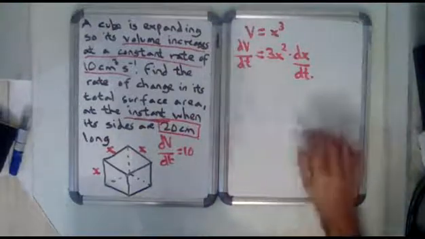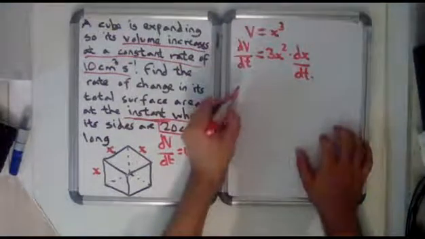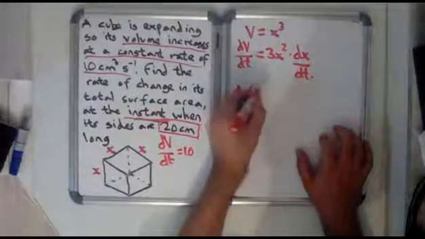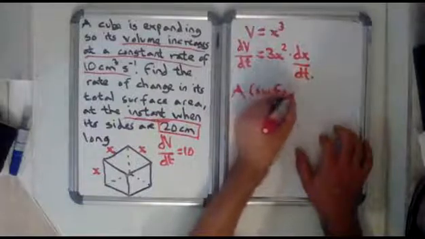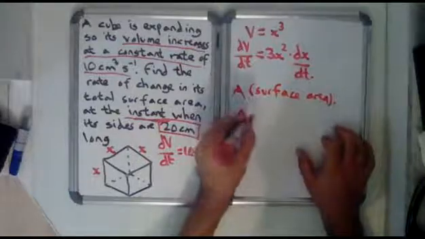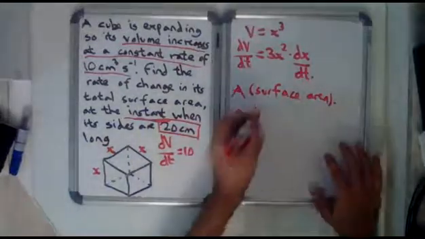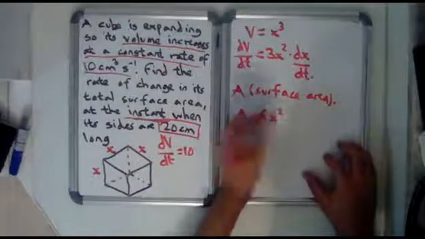But let's come back for a minute and get an expression for surface area, which we're going to call A. A for a cube is 6x squared. Surface area is 6x squared.